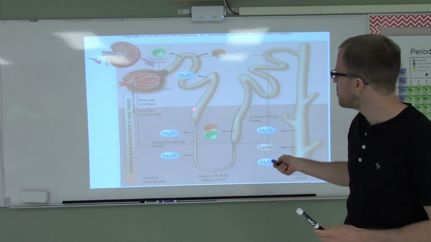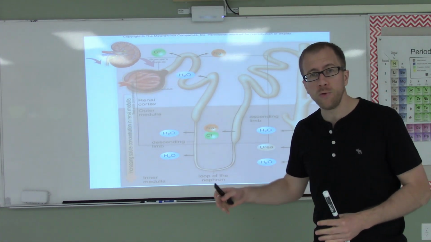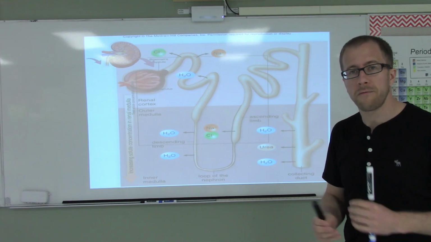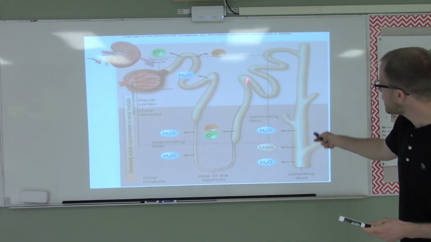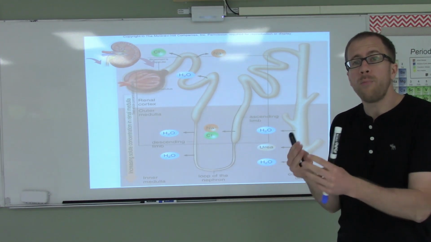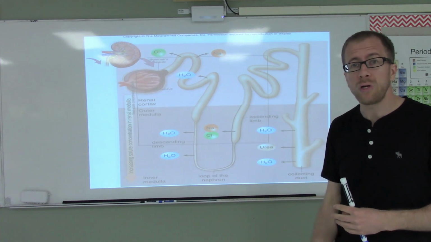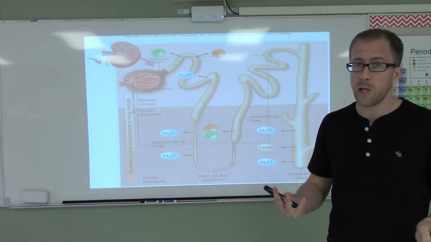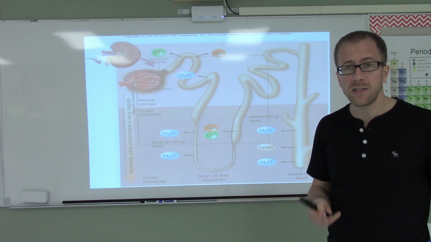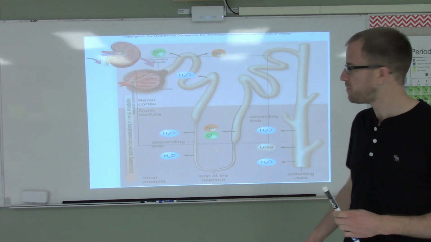The loop of Henle here is impermeable to ions, and then on the way up it's impermeable to water, and we pump out those ions from the filtrate, leaving it very dilute when it gets to the distal convoluted tubule, where our body will then, via tubular secretion, secrete into it things our body wants to get rid of, right? It's going to regulate here body pH, salt balance within the body, and it's going to get rid of toxins and some other things we want to get rid of.